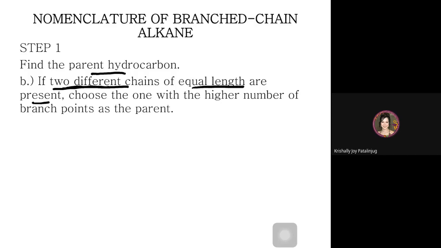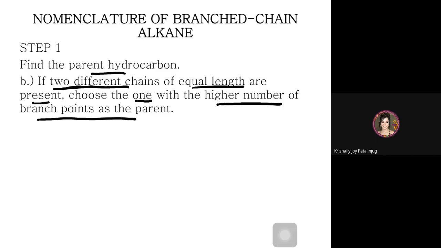Siyempre, you will be confused here saan dito yung magiging parent kasi kaparehas lang yung length pero magkaiba yung chain. Now, if that is the case, you have to choose only one with the higher number of branch points. Okay? So, hanapin mo yung parent na maraming branch points, hanapin mo yung parent na maraming anak.